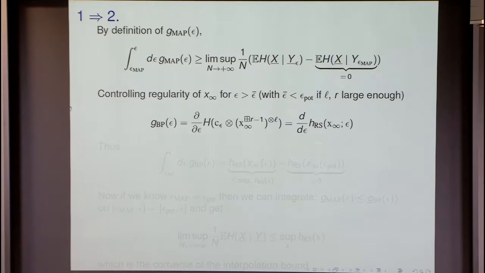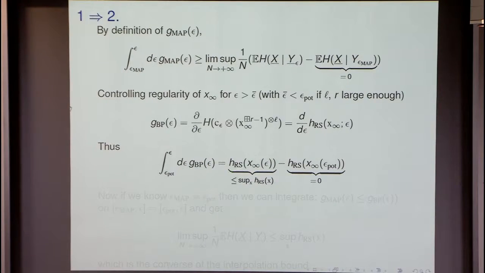So you can do this, and that's where we need technically that the degrees are large, because to play this game you need to control some regularity. How does x infinity depend on epsilon? It should depend somehow regularly on epsilon to be able to differentiate. So that's where we need that the degrees are large. Okay, but once this is done, since this is a total derivative, then it's a good idea to integrate it.